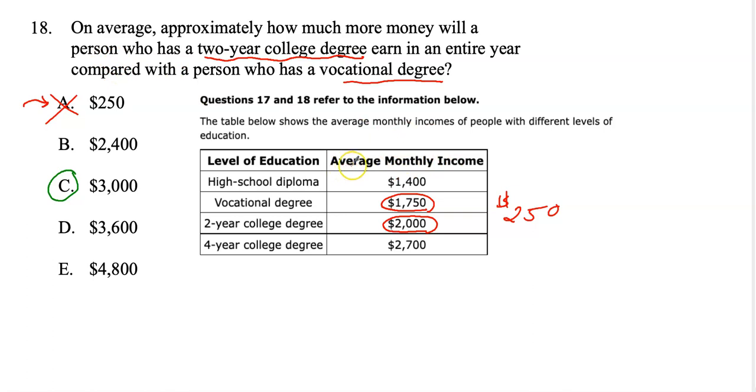You have to be careful here. It says this is the average monthly salary. Let me reread this. On average, approximately how much more money will a person who has a 2-year degree earn in an entire year? And this is measured in months. That's why you had to go through the process of multiplying these by 12. So if you're going too quick, you're going to circle A. Just wanted to point that out.